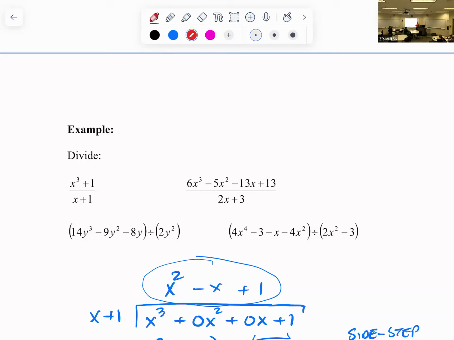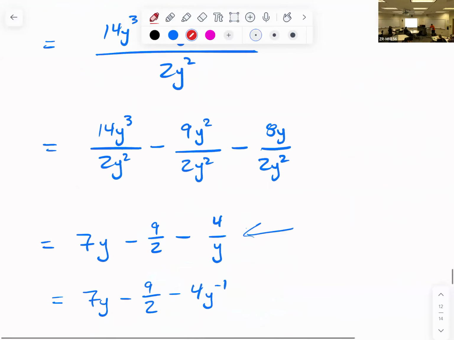So synthetic division is just a shortcut for polynomial long division. The method we just went through always works. The method we're about to do only works in certain cases, but once you get the hang of it, it is super, super fast. That's the advantage of what we're about to do.